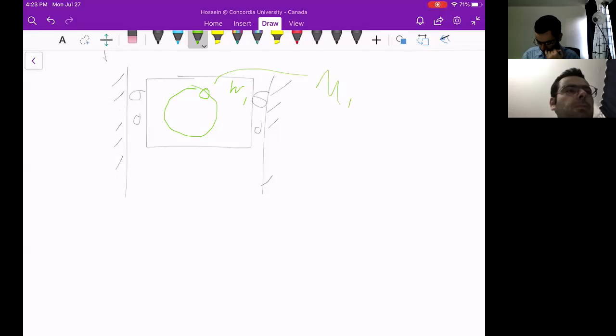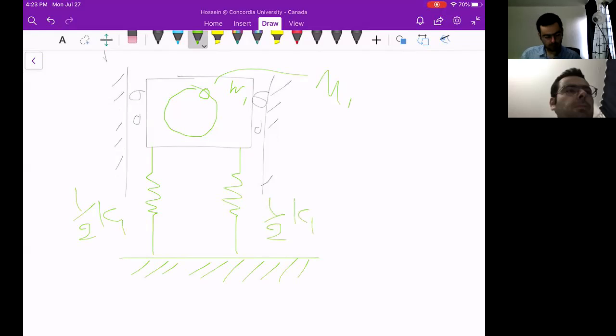The main mass is connected to the ground through two springs with a stiffness of 1/2 K1 and 1/2 K1. So in order to reduce the vibration of the main mass, we could add a vibration absorber, just a spring and mass M2 or W2.